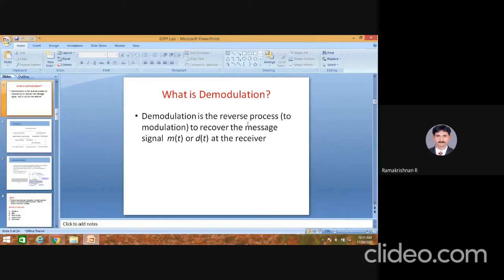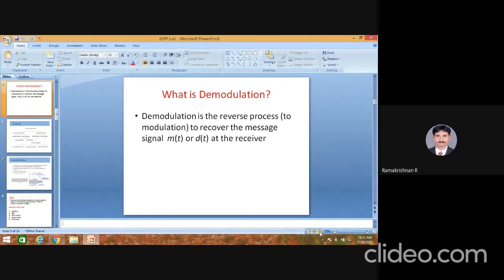It is defined as a process of changing the characteristics of the carrier signal in accordance with the message signal. A modulator is a circuit which is used to perform the modulation process, in which the characteristics of the carrier signal is varied in accordance with the message signal.